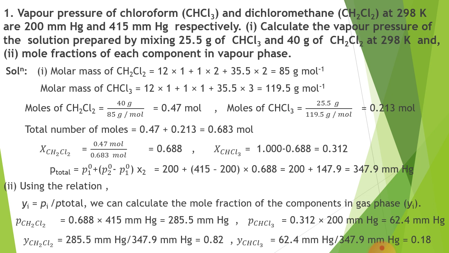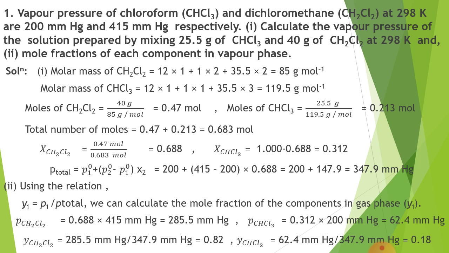Here X1 equal to 0.688 and the pure vapor pressure of dichloromethane is 415 mmHg. This is given. After multiplying, we get P CH2Cl2 285.5 mmHg. Similarly, we can calculate the partial pressure of chloroform.